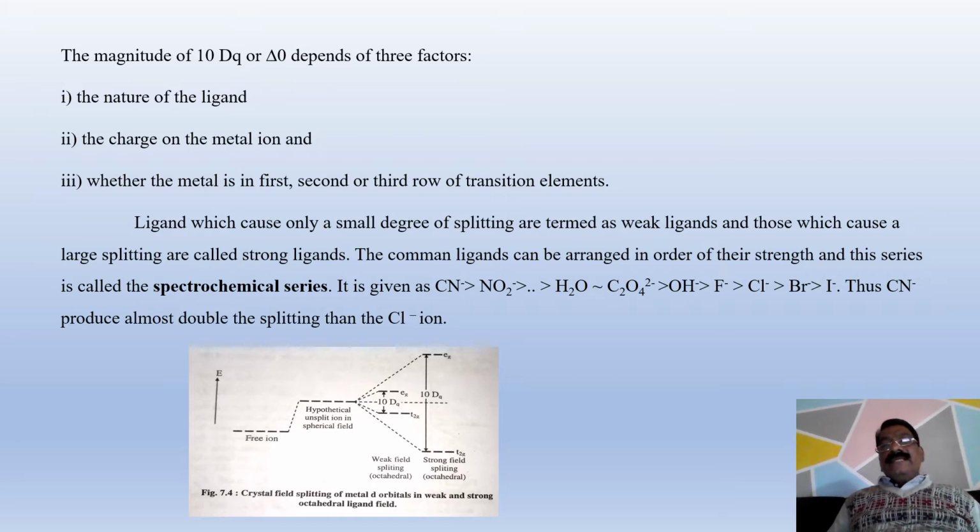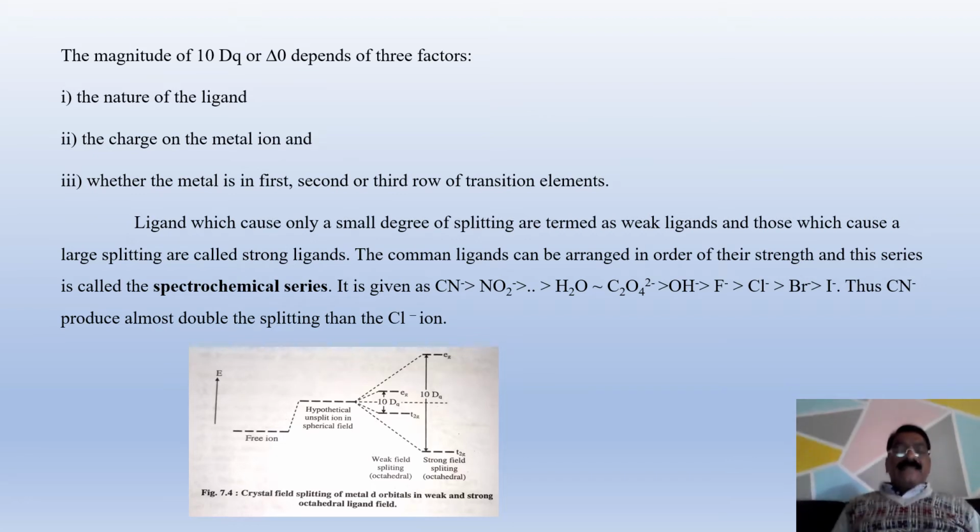The common ligands can be arranged in the order of their strength, and this series is called the spectrochemical series. It is given as: I- < Br- < Cl- < F- < OH- < C2O4 2- < H2O < NO2- < CN-. Thus CN- produces almost double the splitting of the Cl- ion.